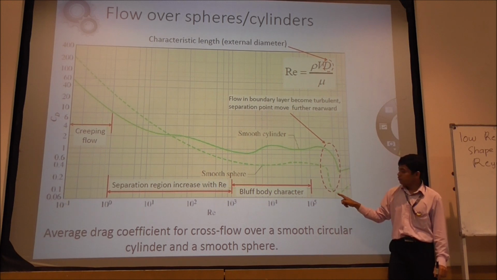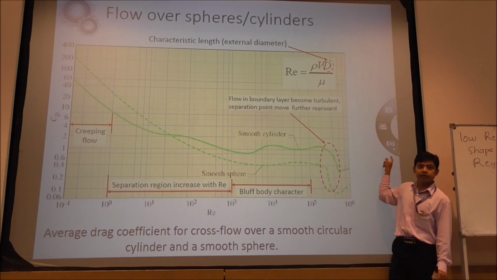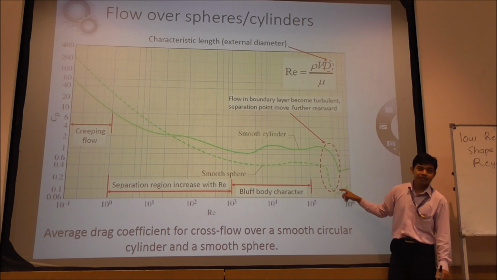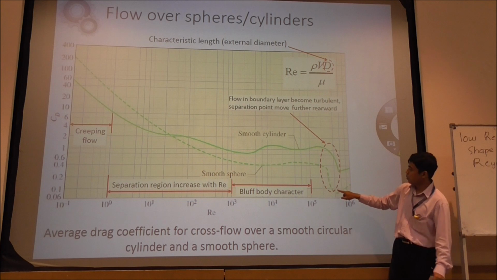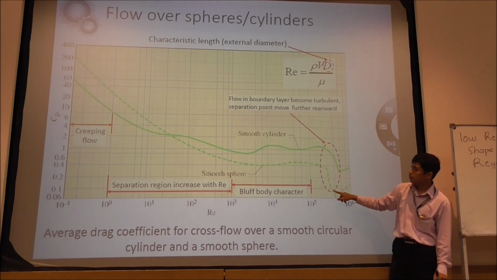But if you wrongly design it, rather than putting it in here but you put it there, it will start increasing it. Okay, so this is the condition that you must get if you want to minimize your drag, because the drag is very low in this region, right? Both for smooth cylinder and smooth sphere. Okay.